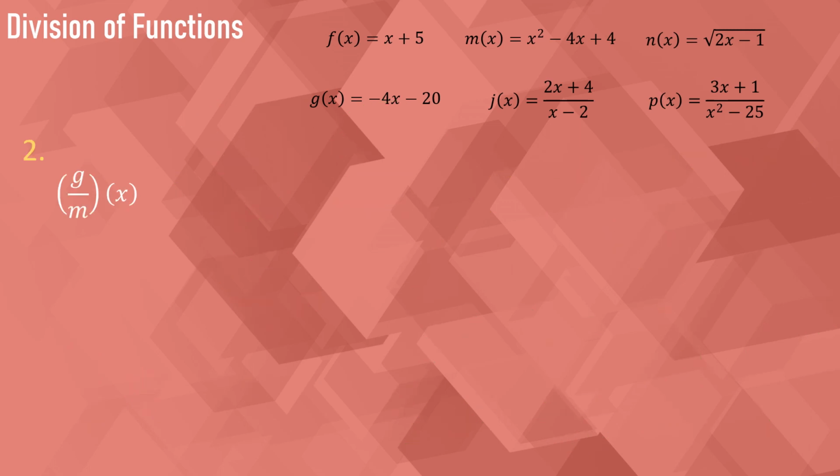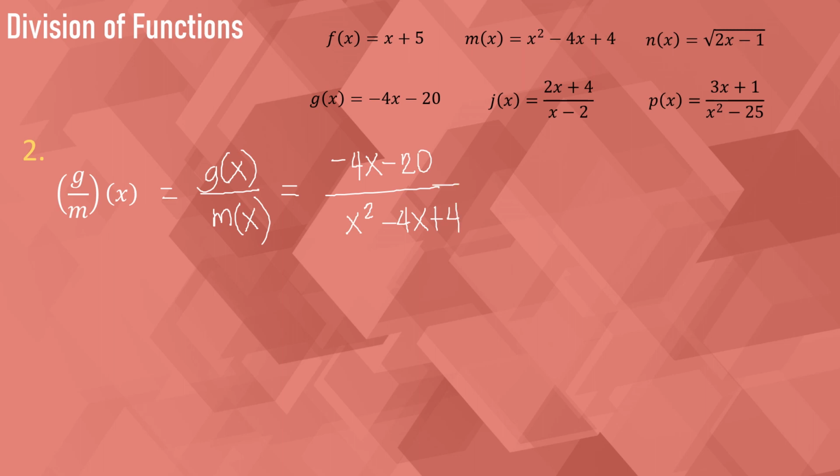Now this new function, g over m of x, is also equal to g of x over m of x. Substitute g of x, that is -4x minus 20, and m of x is equal to x squared minus 4x plus 4. Now from that, before getting the simplified form, what is the domain? When will the denominator be 0?